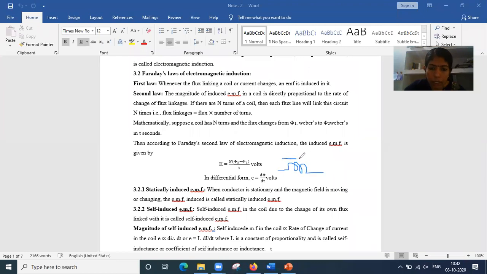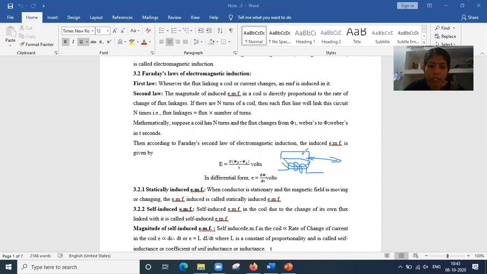The coil is stationary, but the magnetic field produced by that magnet moves in either direction, left or right, and it will change the magnetic flux linkages with this coil. So this process will produce an induced EMF. Coil is stationary, magnet is moving, that is the magnetic field is moving, and it still produces an induced EMF. The induced EMF is known as statically induced EMF.